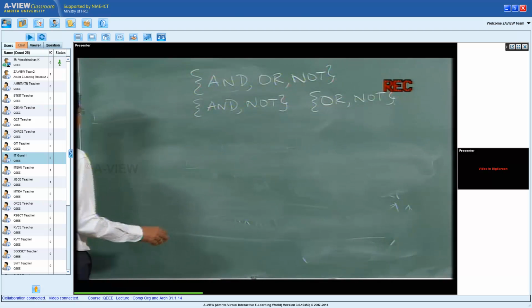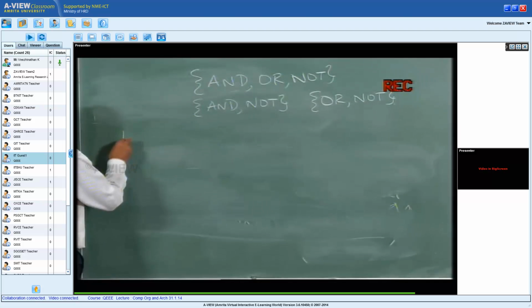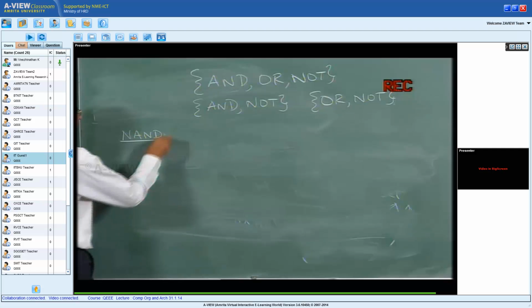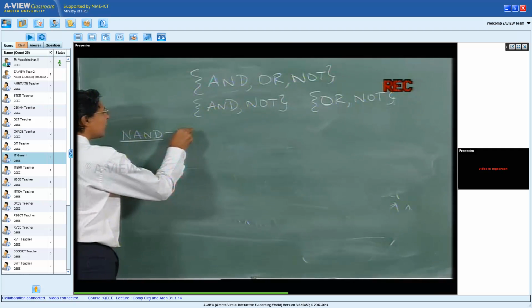Now let us take this functionality, namely NAND. I will represent the symbol NAND by this.